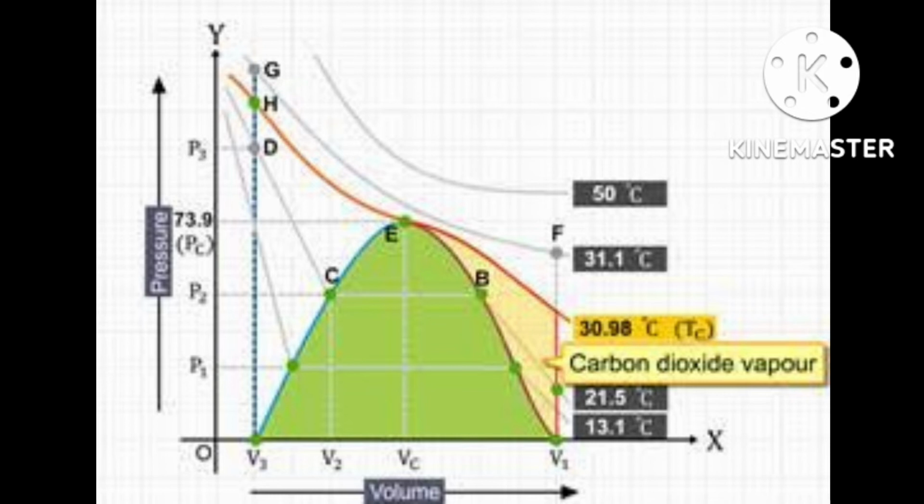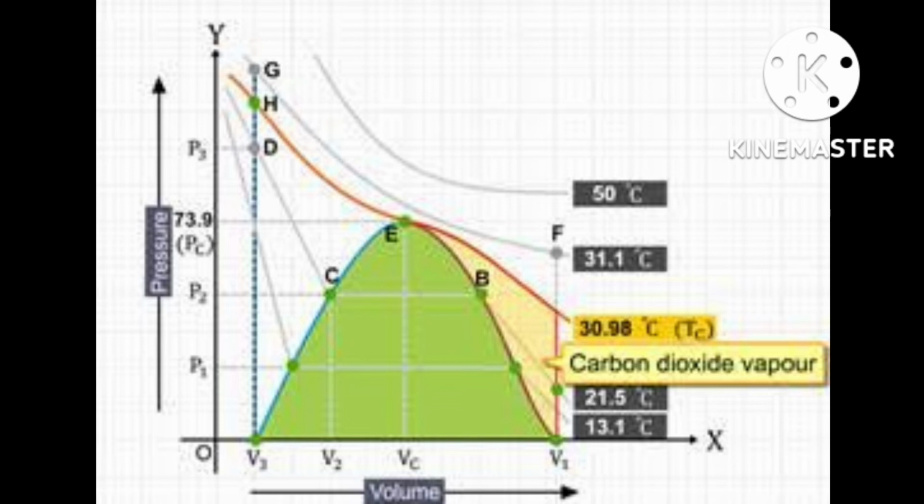At 30.98 degrees centigrade and pressure, I told you, 76 bar for carbon dioxide, it is very difficult to tell whether it is a liquid or a gas, because only change is going on. You can't tell whether it is a liquid or a gas. It is a continuous process, equilibrium, a continuous process.